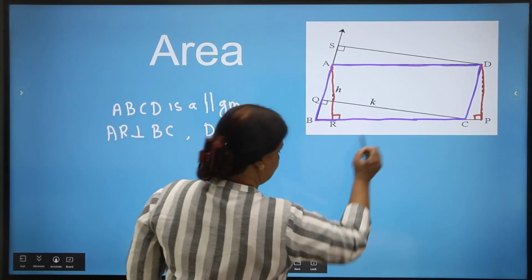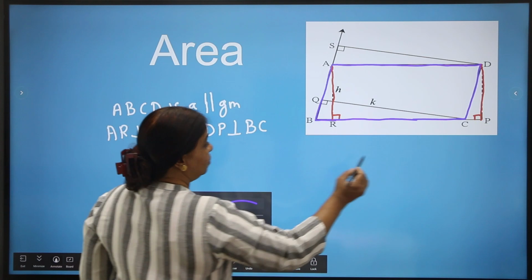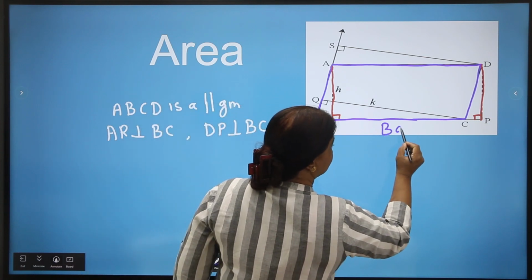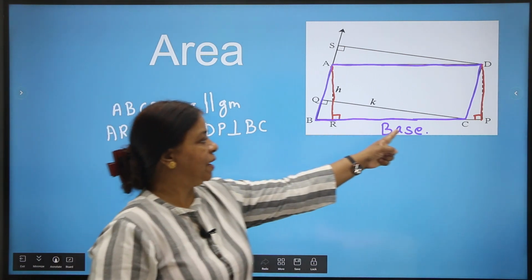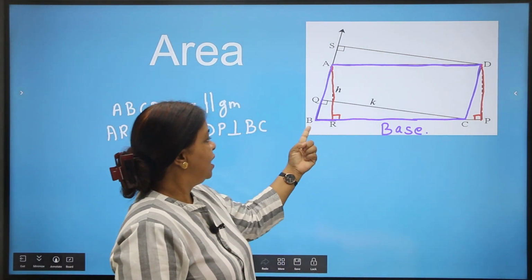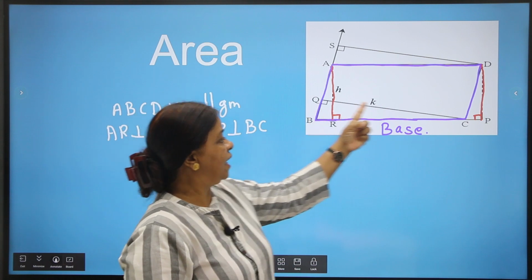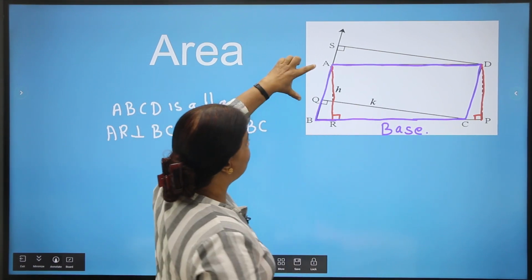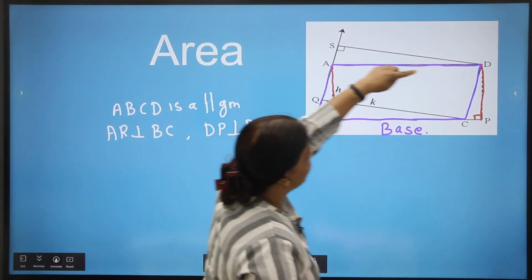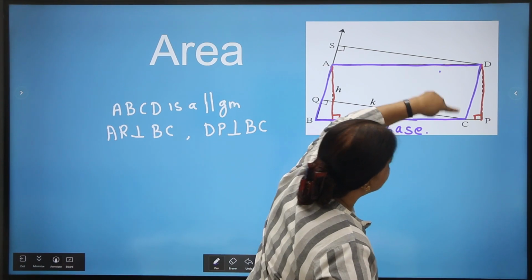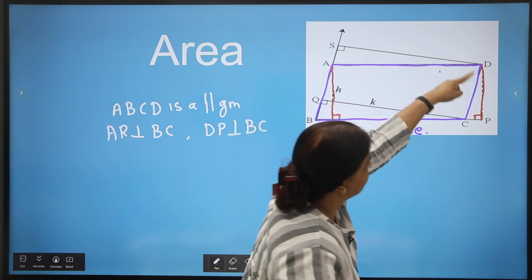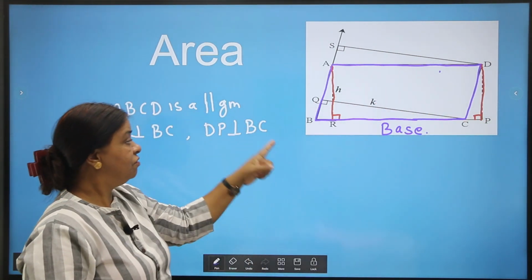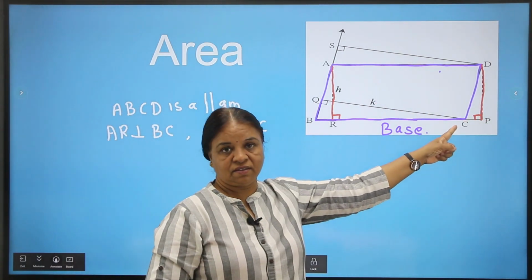And what is BC? BC is the base. Okay. BC is the base of the parallelogram. Now between the two parallel lines, AD and BC, the perpendicular distances are AR and DP, and one of the lines is the base.